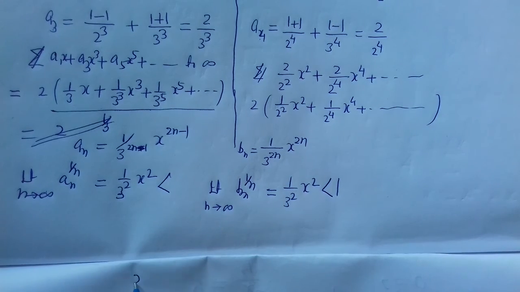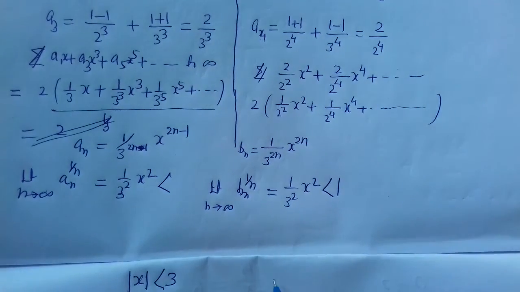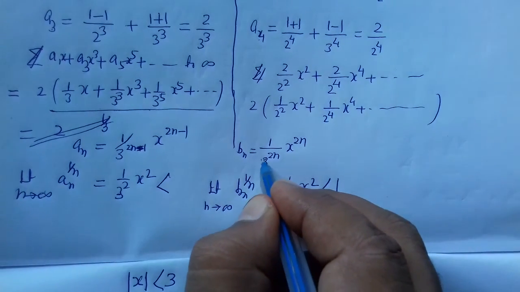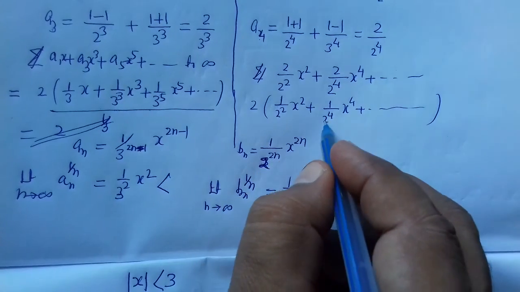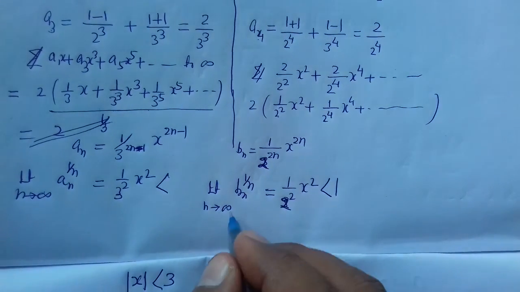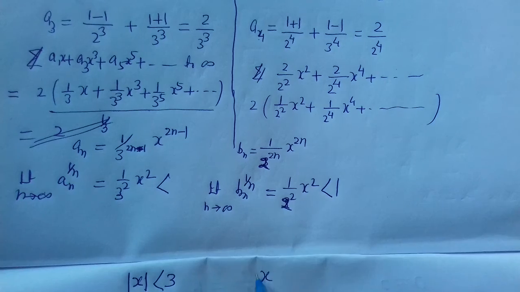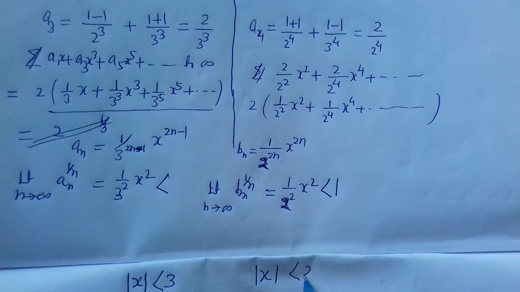From here we get mod x less than 3, and from here, because you see 2, from this we get mod x less than 2.